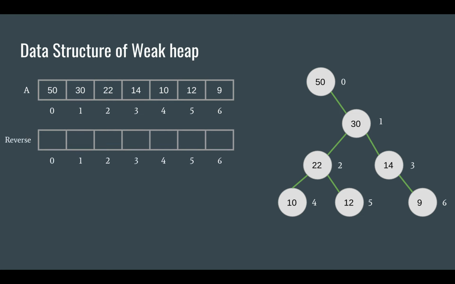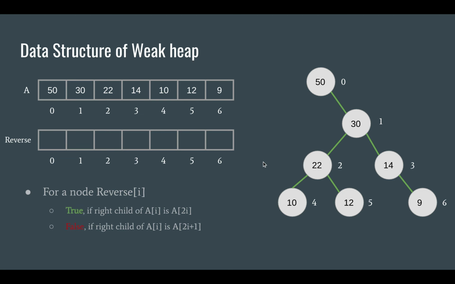To solve this problem, we introduce another array, which is the reverse array. Here we will store which node has two children and which node has only one child. This array is a Boolean array, and for every node we store a true value or a false value, and we use this rule to store the values.